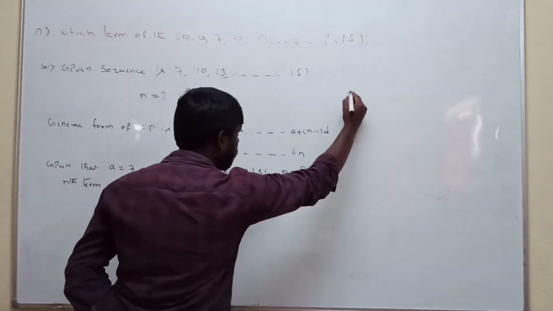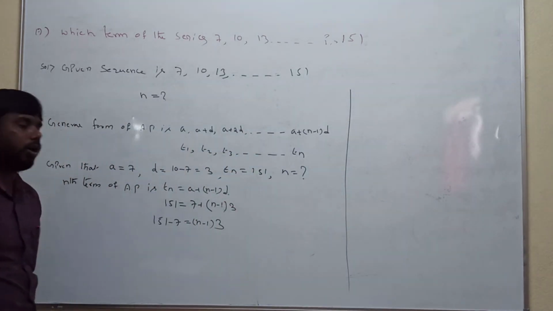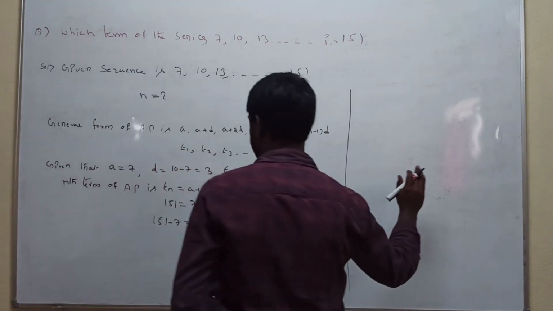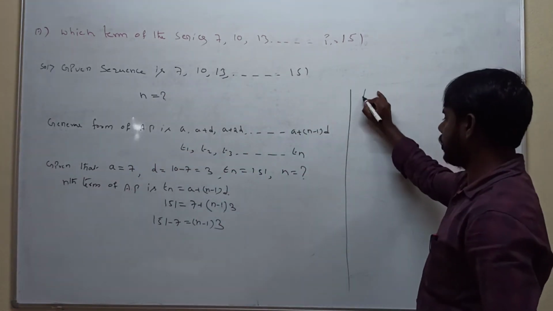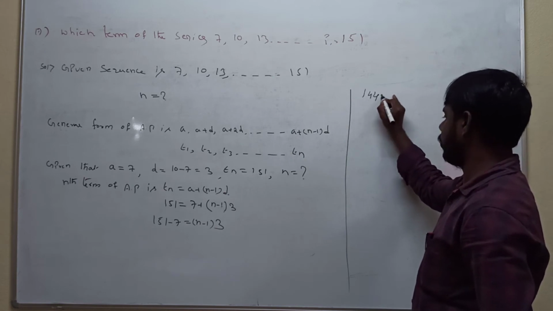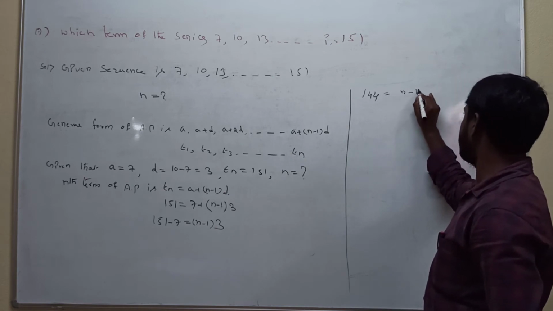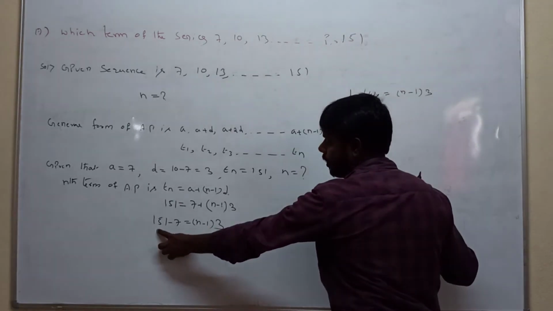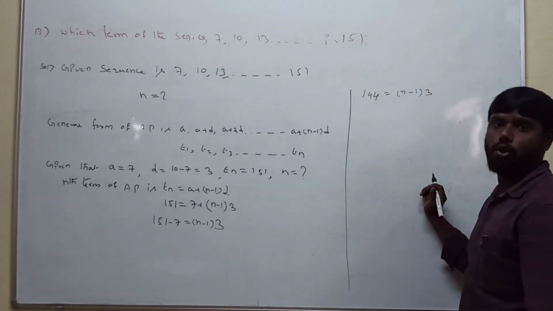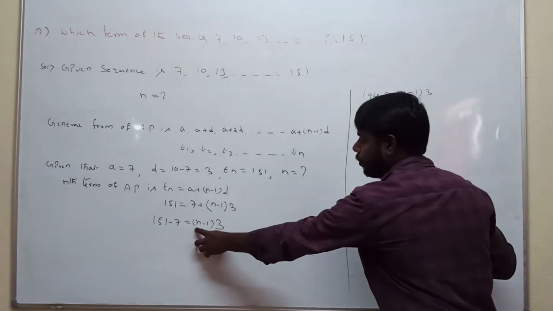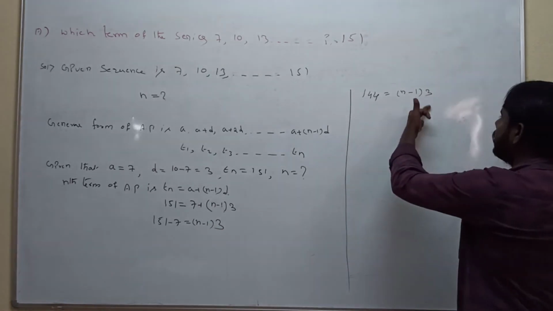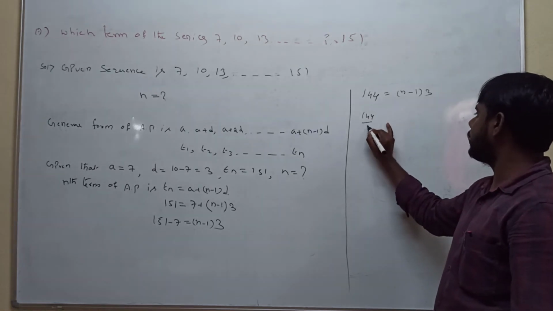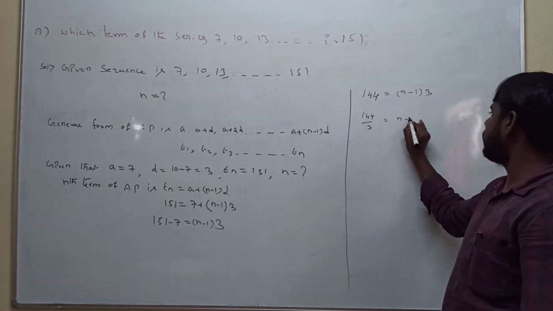So what is the value of 151 minus 7? 151 minus 7 is 144. So 144 is equal to n minus 1 into 3. The 3 goes to the denominator, so 144 divided by 3 is equal to n minus 1.